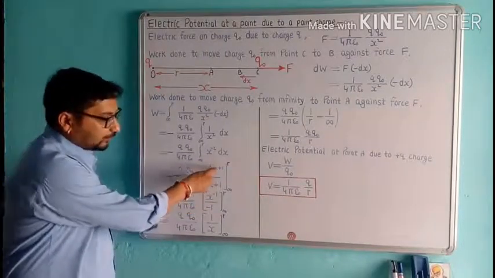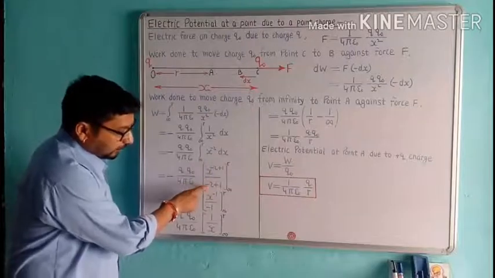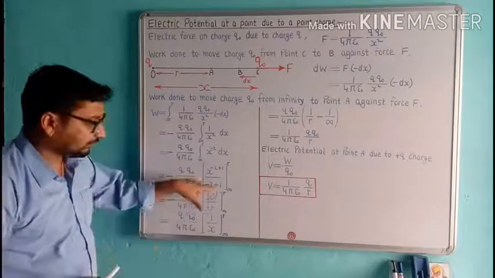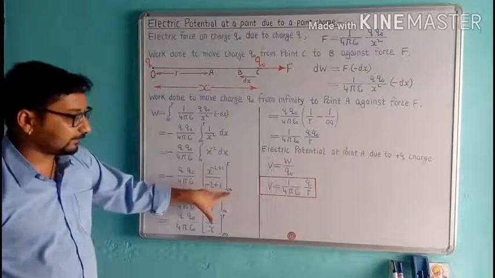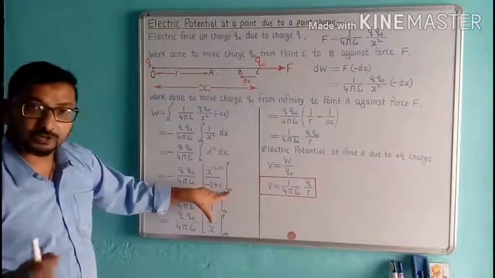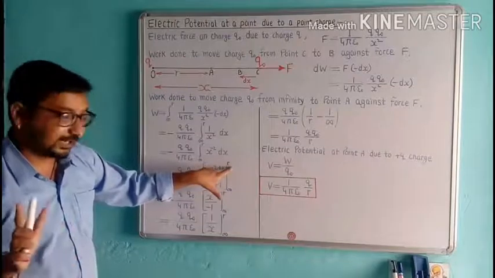Then we get x to the power minus 2 plus 1 upon minus 2 plus 1, with limits infinity to r. Infinity is the lower limit and r is the upper limit.